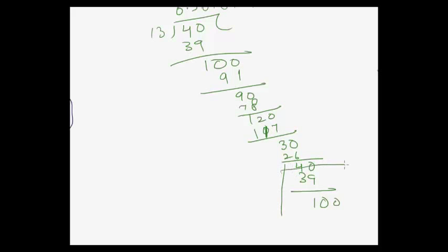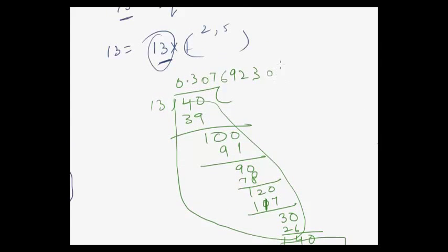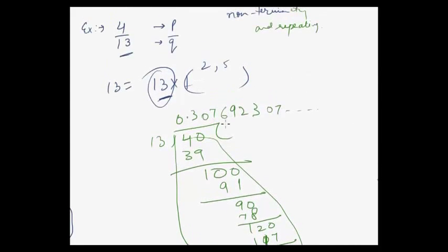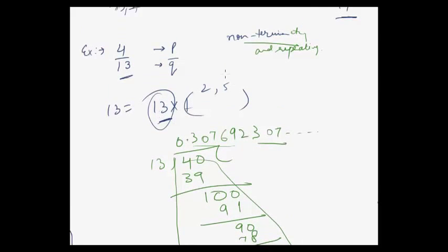That is, after this stage again this process will repeat, and hence the decimal expansion will also repeat, and the division process will never terminate. So clearly it is a non-terminating and repeating decimal expansion. Why? Because the prime factorization was not of the form 2 raised to power n into 5 raised to power m. There is also a prime factor 13 involved in the denominator.